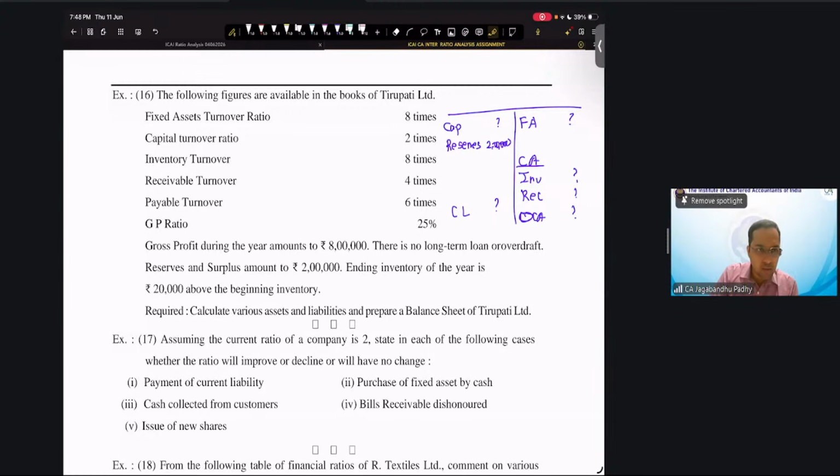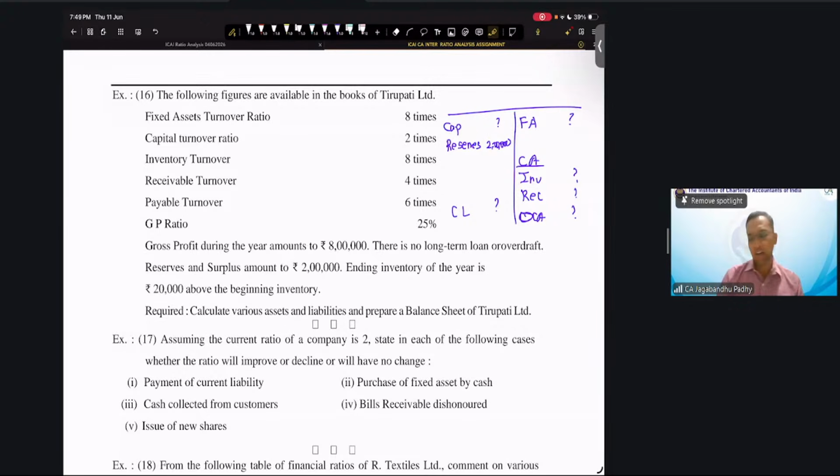Okay, what does net assets comprise of? Where do you find the net assets? I don't think there is any need for net asset calculation. For capital turnover, there is no debt in this case, so it will be just share capital and reserves and surplus.